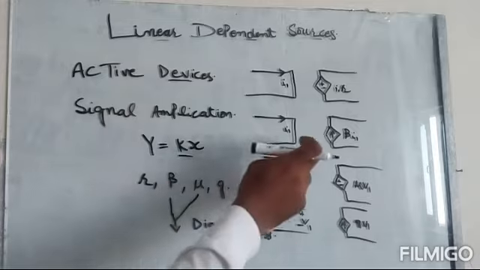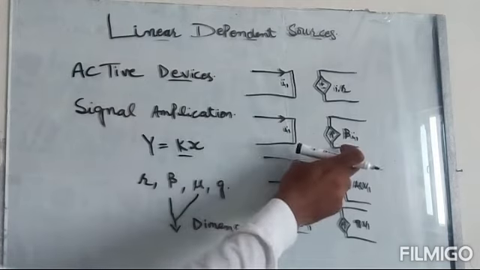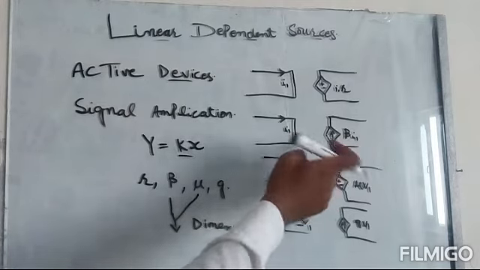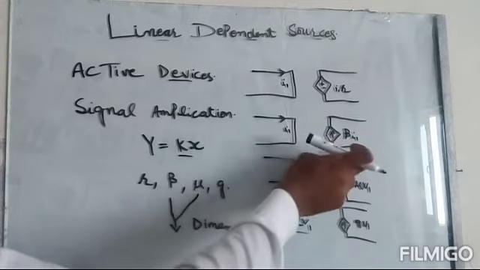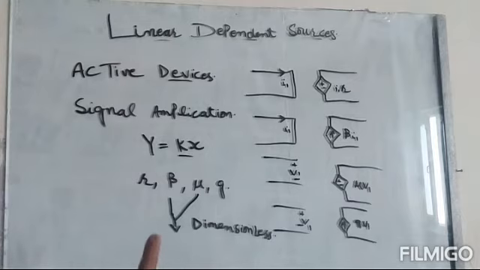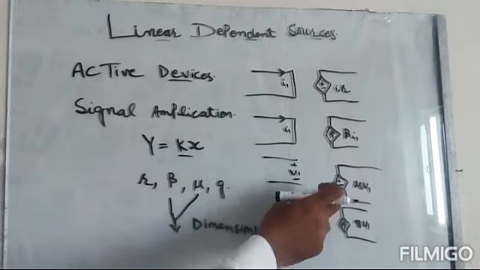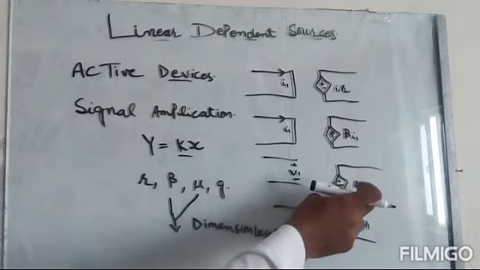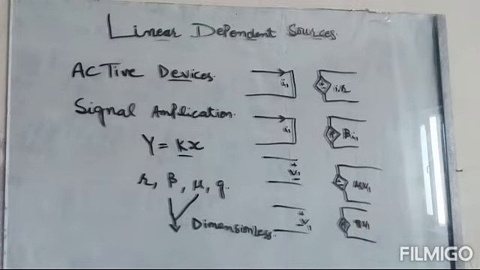Because this is a current controlled current source, beta is dimensionless. It is a current controlled current device, so beta will be a simple scalar number.